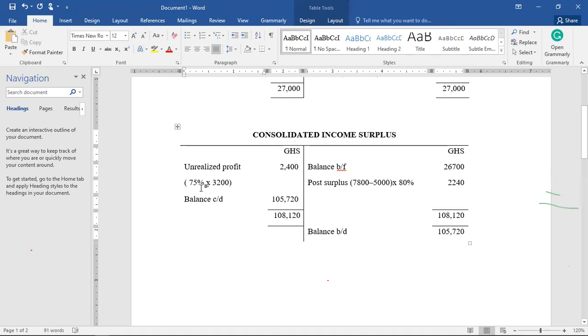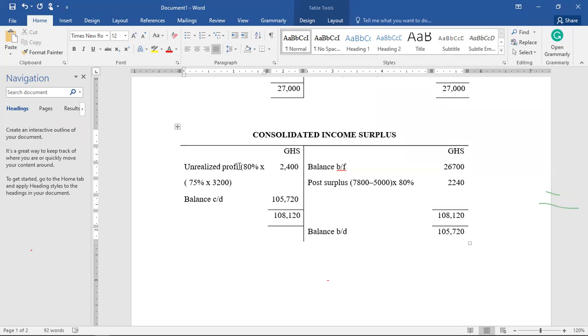We were told that there is an unrealized profit. Now, to calculate the unrealized profit over here, you pick the 80% multiplied by the unrealized profit on the closing stock.